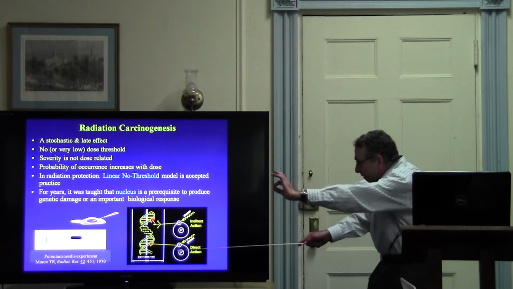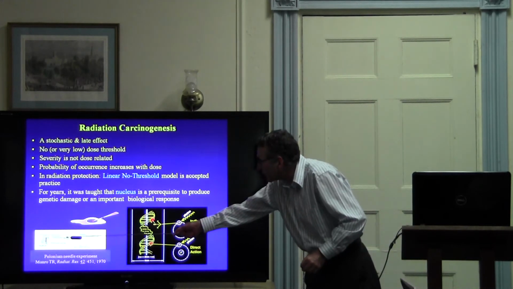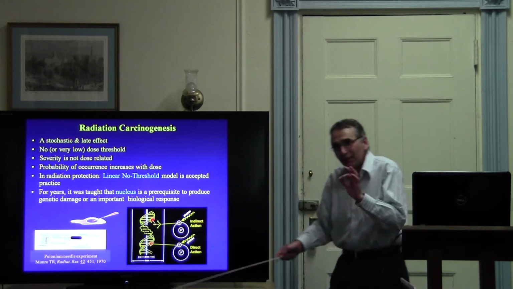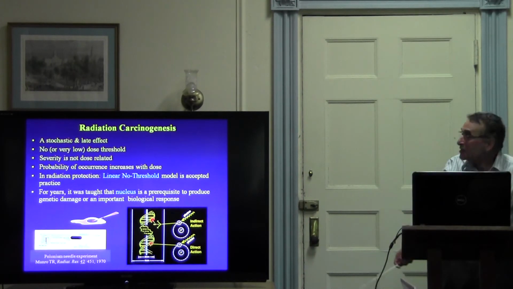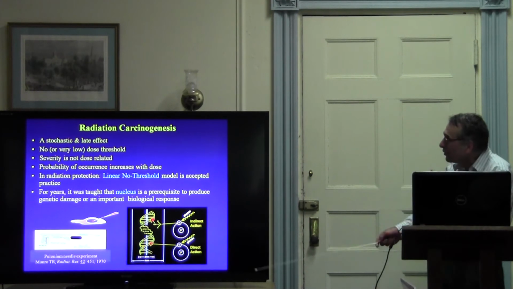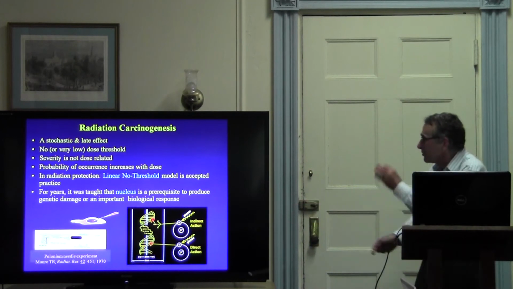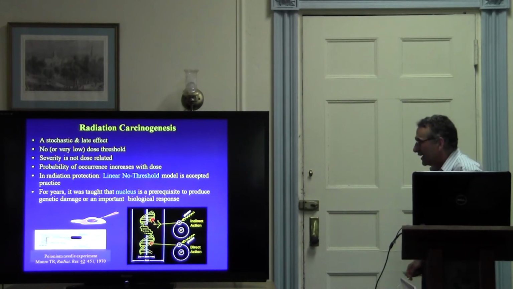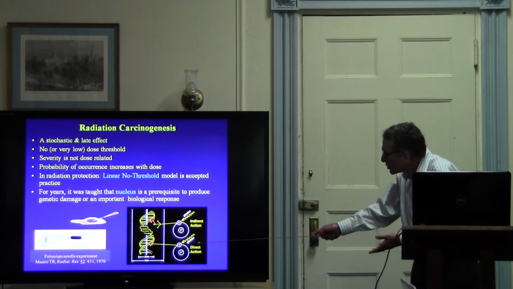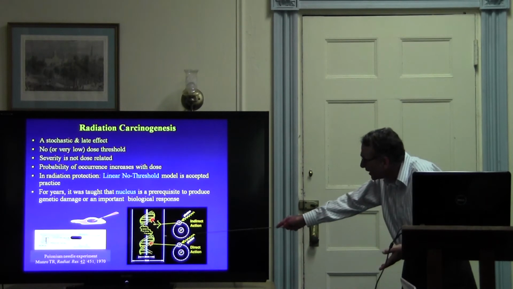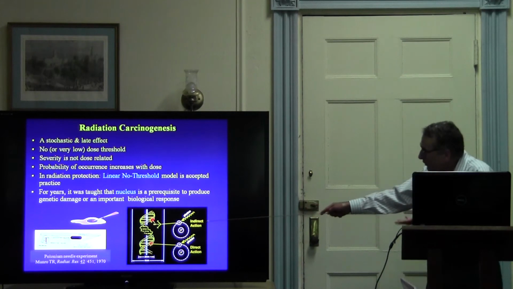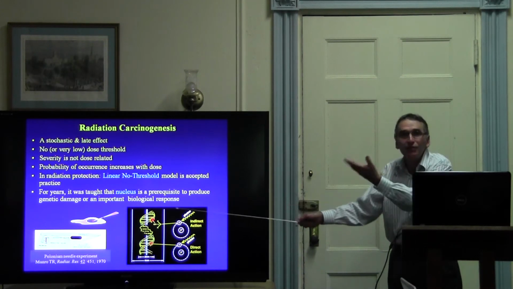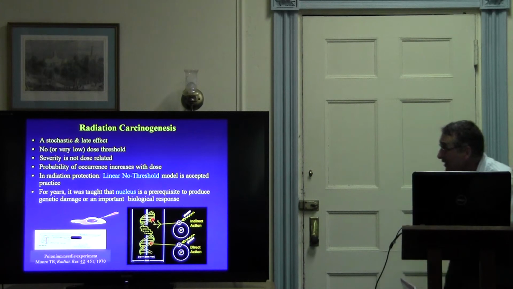However, if he would pull the needle away and deposit a massive dose of radiation in the cytoplasm, the cells did not die. So from that time and before that, the nucleus is the prerequisite to produce genetic damage. And the genetic damage could be through a direct hit to the DNA or through the indirect mode of action of ionizing radiation through the radiolysis of water.